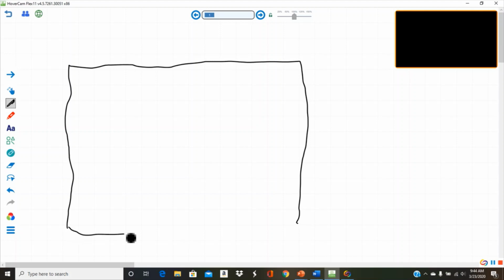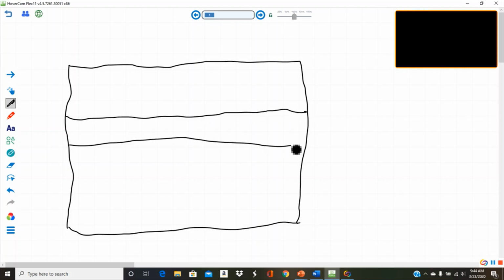I don't do this when I'm drawing at home, or drawing on the board in class. We're going to draw a rectangle with a bar there and a bar here. And these should be straight lines. I can draw them relatively straight when I'm doing this with a marker, not with a mouse.